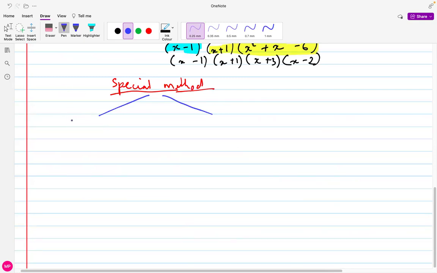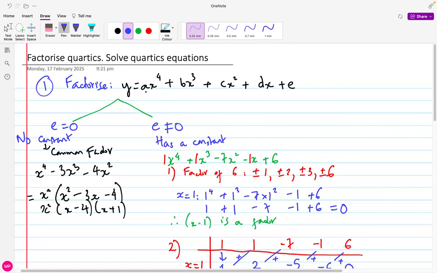So special methods, the first factorizing method is if you have three terms, which are x4, x squared, and the constant. So technically, you have the x4 term, the x squared, and the constant.